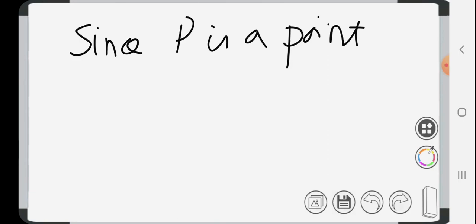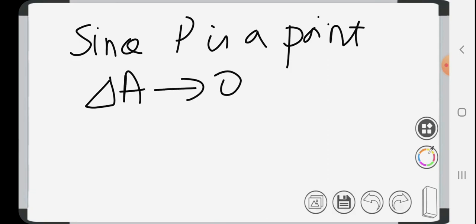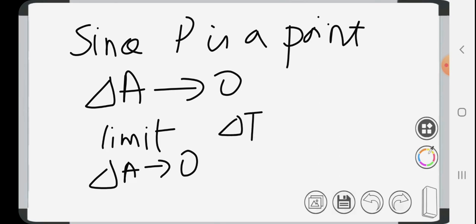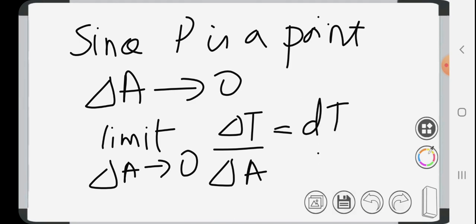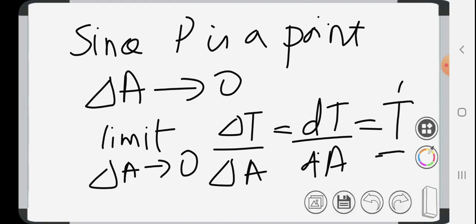Therefore the stress will be equal to the limit as delta A tends to 0 of delta T by delta A, which is d by dA of T. This will be the T vector, and this is known as stress.